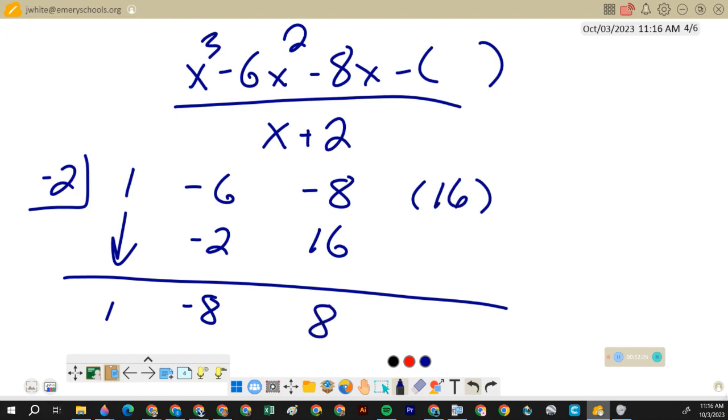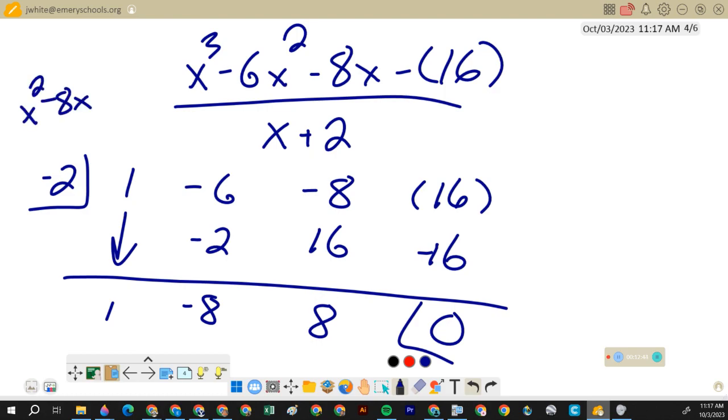So this is going to be a 16. Okay. Negative 2 times 8 is negative 16. So my remainder is 0. It went in evenly. That's nice. So what's my answer? X squared minus 8x plus 8.